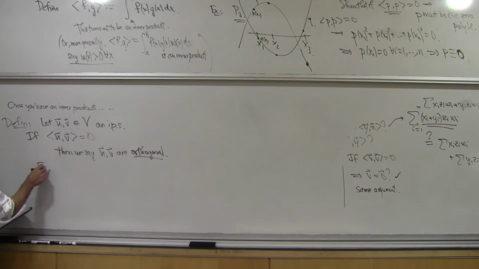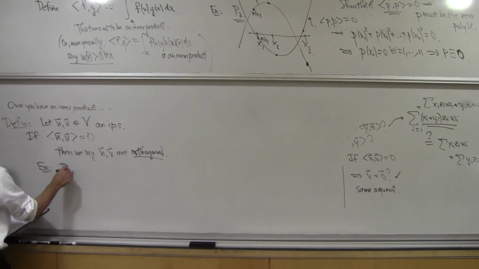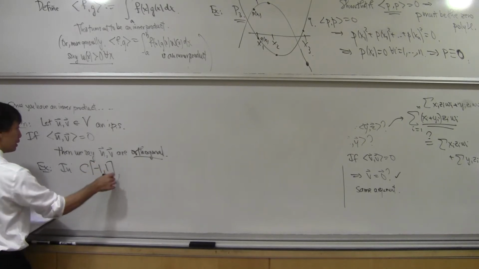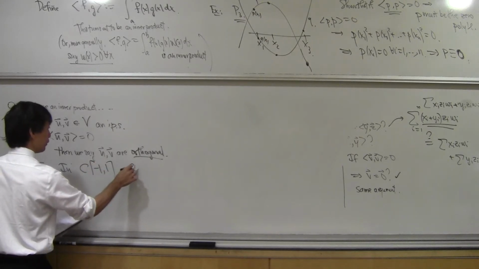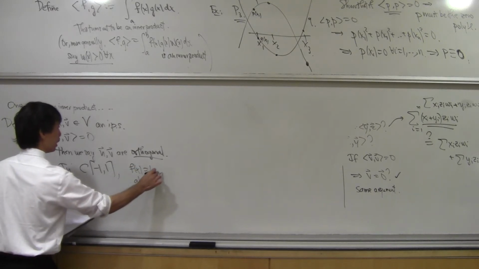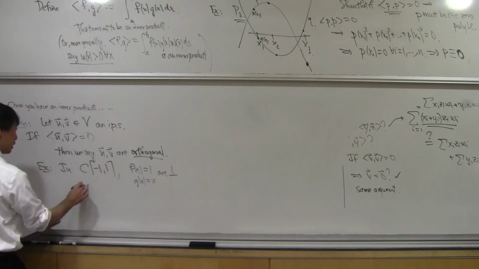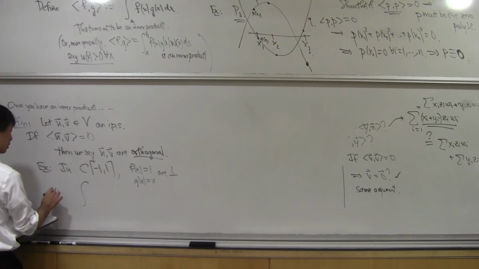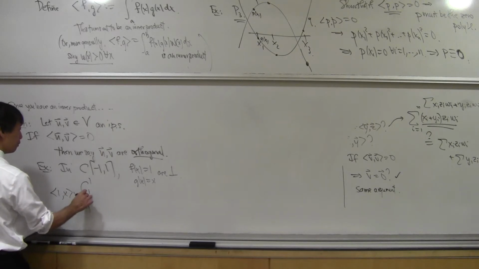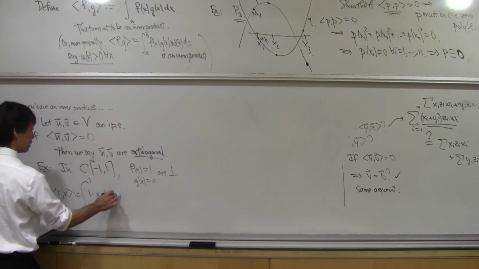So for example, in the continuous functions on [-1, 1], f(x) equals 1 and g(x) equals x are orthogonal because the integral between -1 and 1 of 1 times x is 0.